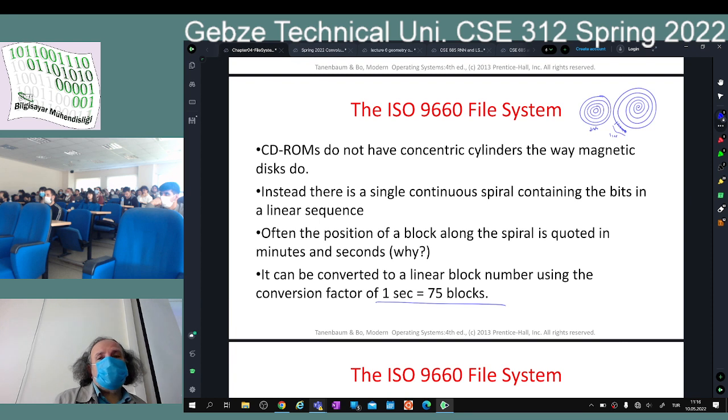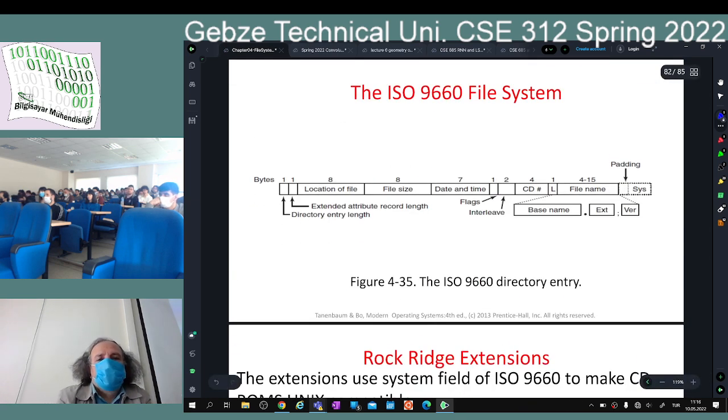That was the idea, because when they invented these CD-ROMs, there was competition between many companies, and it was a concern: what if we are using the same technology, but we are not compatible in terms of file systems? So this is the file system that everybody should follow.